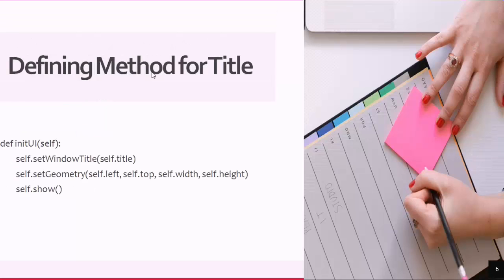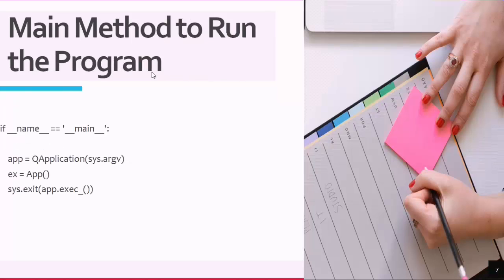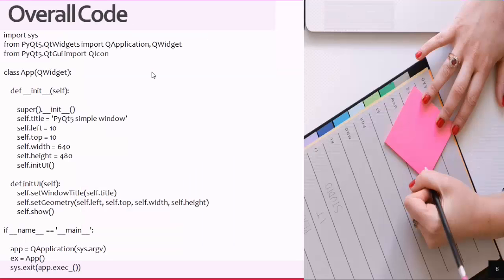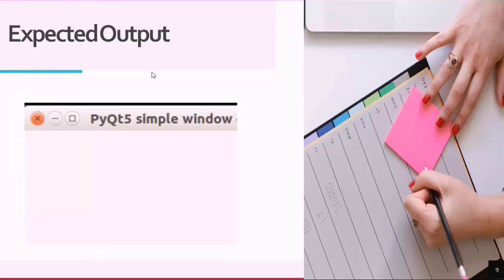Now, what will happen after running this program? A simple PyQt window will be opened along with the close, minimize, and maximize icons, with the header PyQt5 simple window, which we have defined. So this is the overall code for getting the expected output as a PyQt5 simple window.